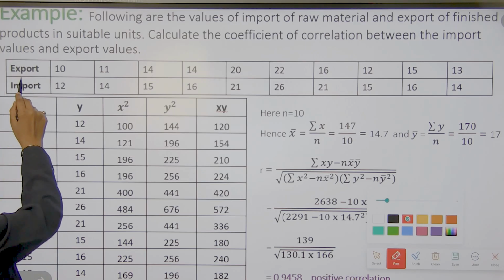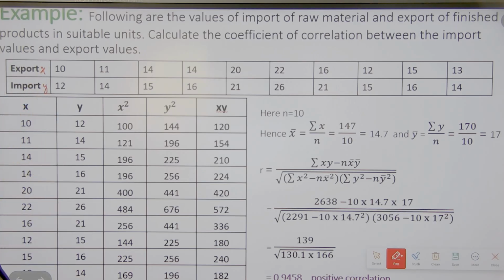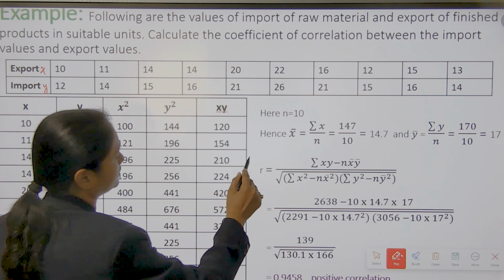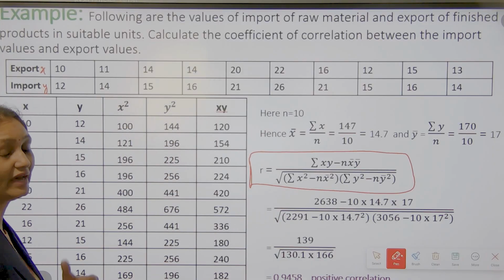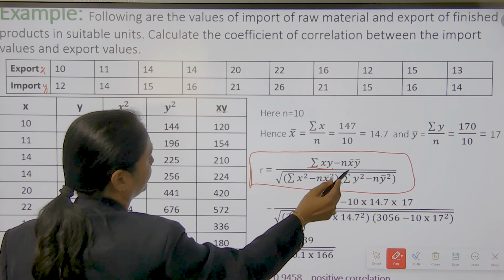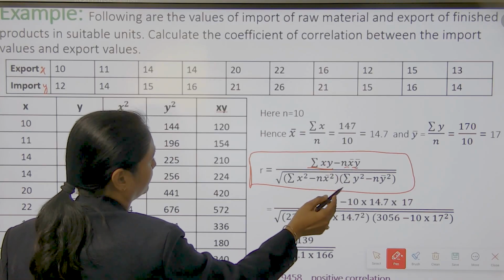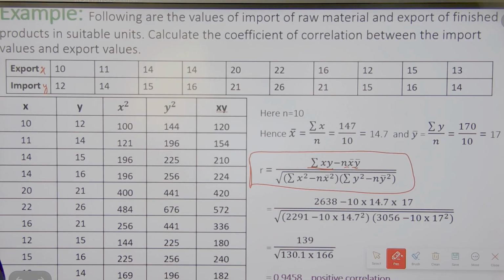Suppose the import values are x and the export values are y. While finding the correlation, this is the formula, and we need to calculate some values, that means the product of x and y, then x bar y bar, then the summations of x square and y square.